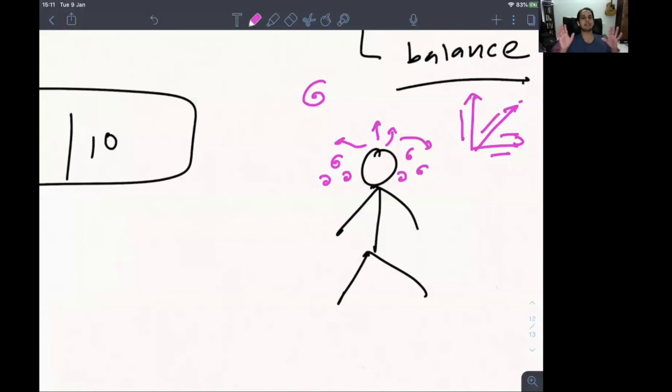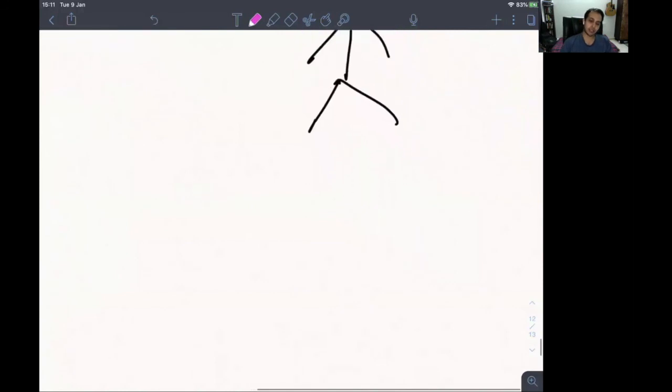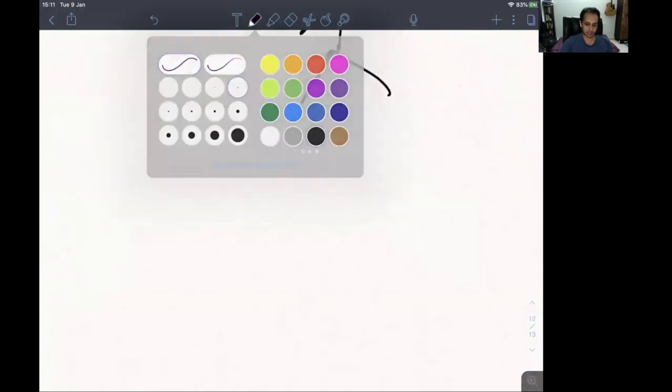Does that make sense? If you are moving your head to the right, your right vestibular system will push your eyes to the left, because if it doesn't, then your eyes will also move with it. So one bedside test that you can do is called the head impulse test.